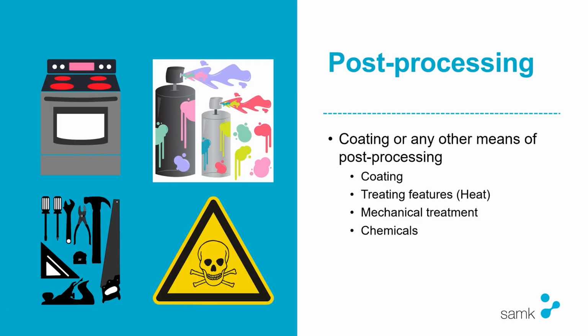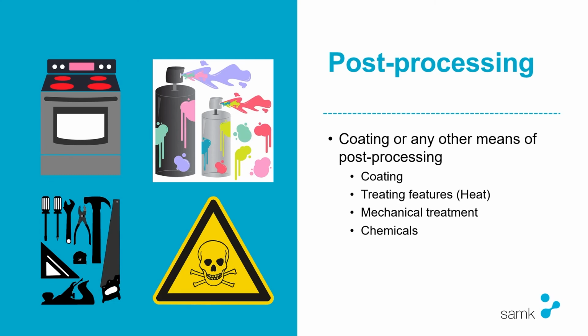But of course there's also optional post-processing for prints that don't need any post-processing themselves, like FDM 3D prints. There are methods of coating or treating features, mechanical treatment like sanding, or chemical treatment.